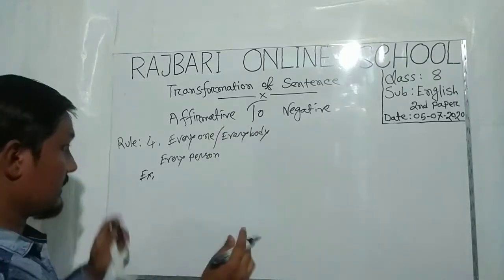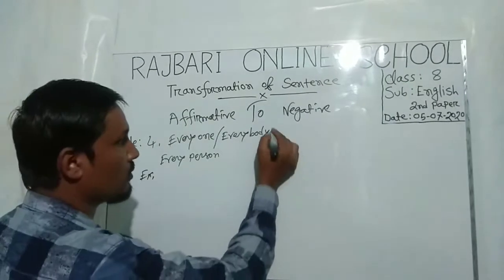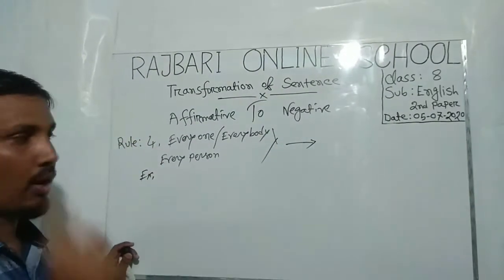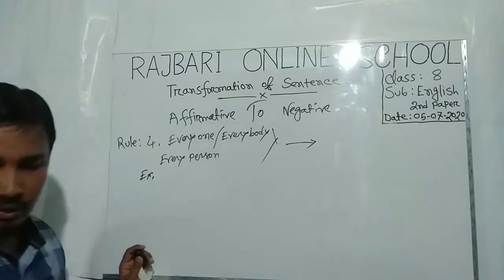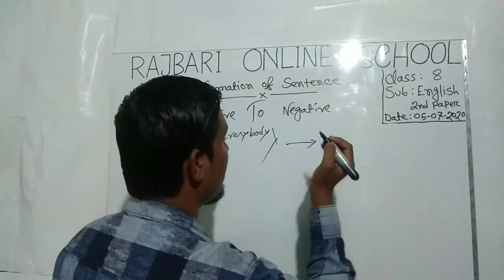If you see this type of word in the affirmative sentence and you have to do the negative sentence, you have to use one rule. How many rules? One rule. You have to use one rule for doing the negative sense.